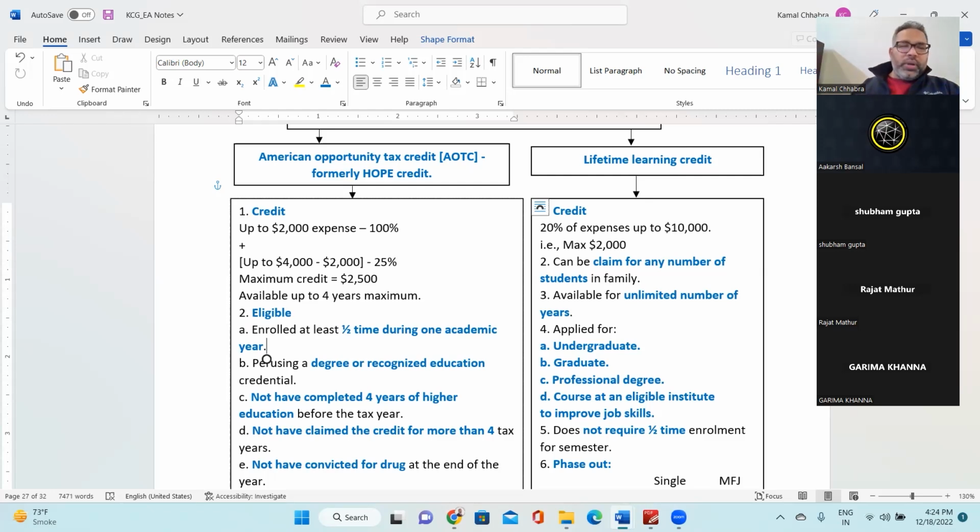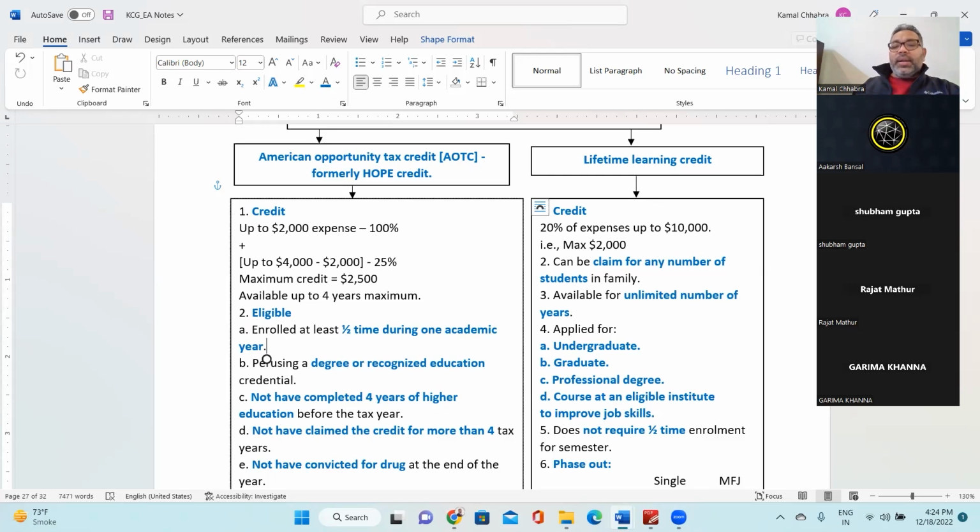That means if you have 2 kids, 3 kids, 4 kids, 5 kids, you can claim up to 20% of the $10,000 you have spent for each child, or even for yourself and your spouse as well, right?